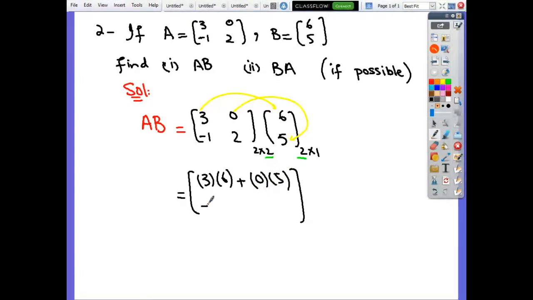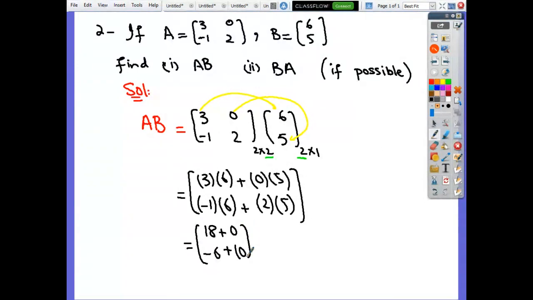Similarly, negative 1 is multiplied with 6 and 2 is multiplied with 5. After simplification, we get 18 plus 0, negative 6 plus 10. It becomes 18 and 4.